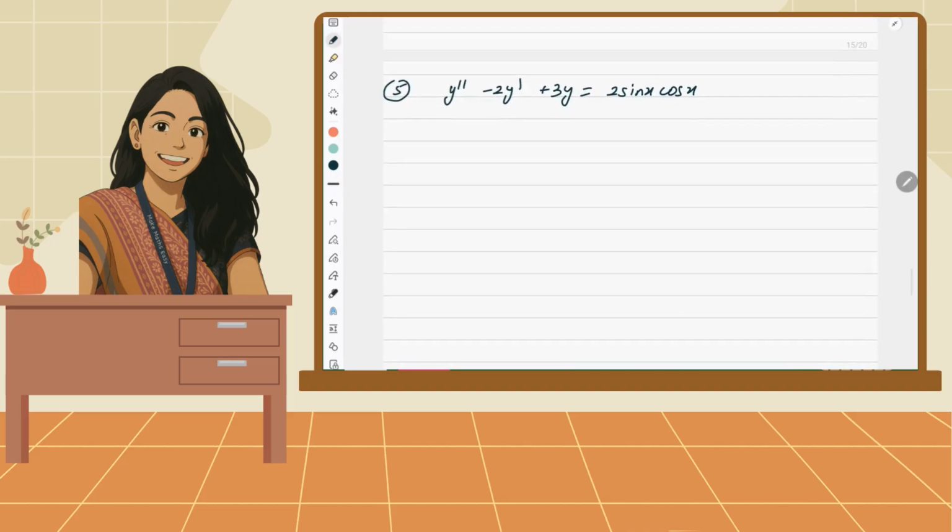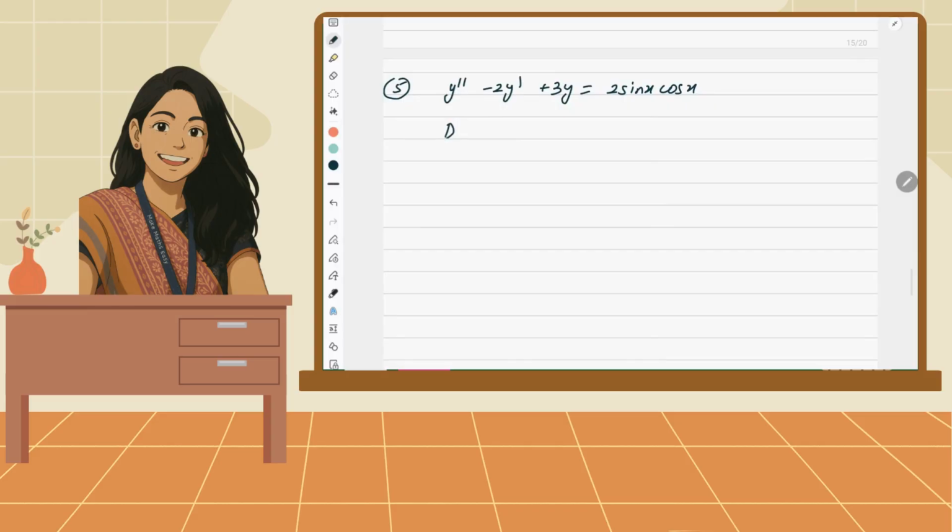Let's move to the next question. Now see, this is D square minus 2D plus 3y is equal to 2 sin x cos x, which is nothing but sin 2x. Correct? Now let us solve this. I am doing PI only now. PI is sin 2x upon D square minus 2D plus 3.